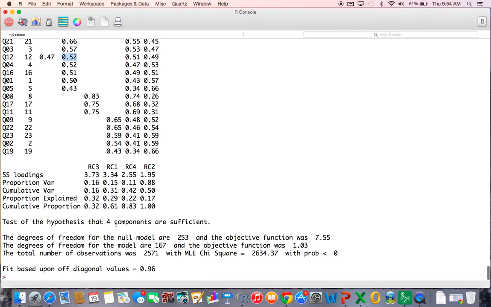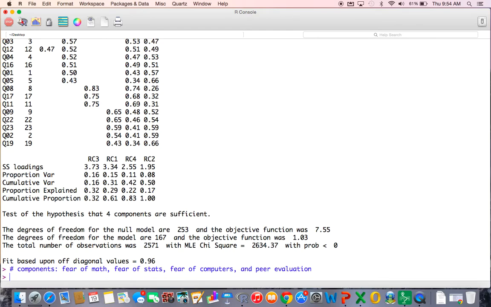Now, think about what we got going on here. We've got the components turned out to be fear of math, fear of stats, fear of computers, and peer evaluation. Now, is it reasonable to think that these things may be correlated? Is it reasonable to think that fear of math is independent of fear of stats, that's independent of fear of computers?